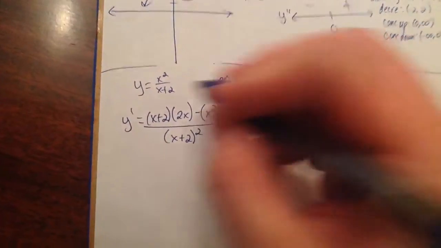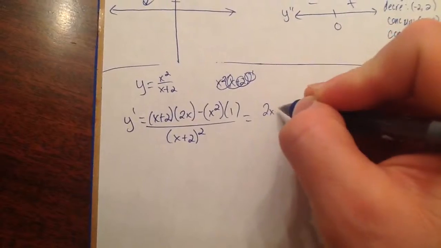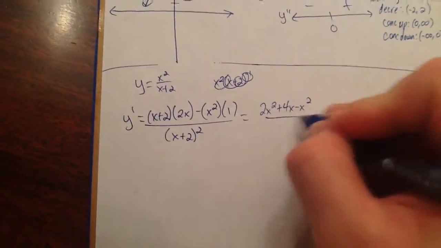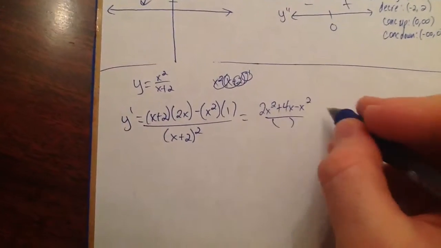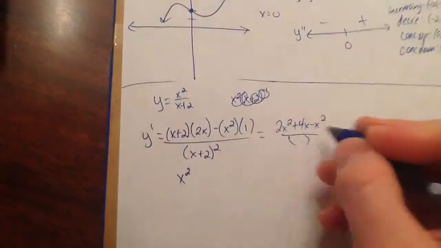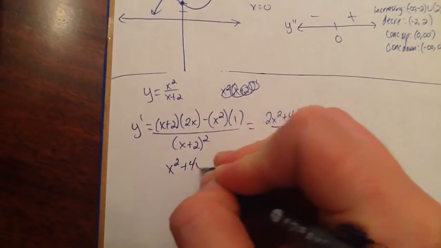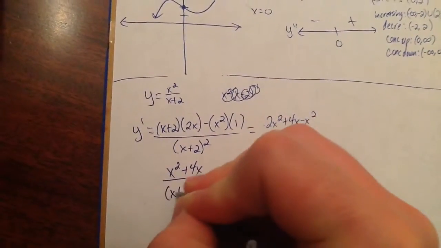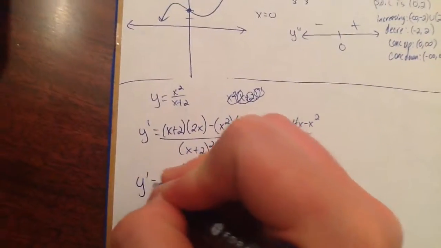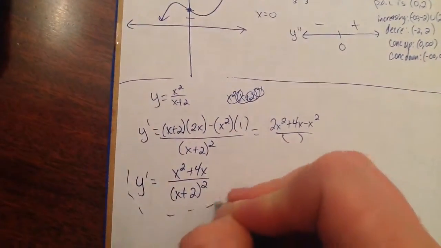So you get 2x squared minus x squared, which would be x squared plus 4x over x plus 2 squared. Here's the first derivative.